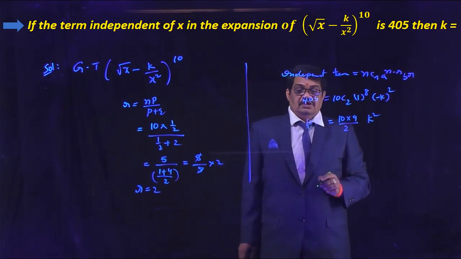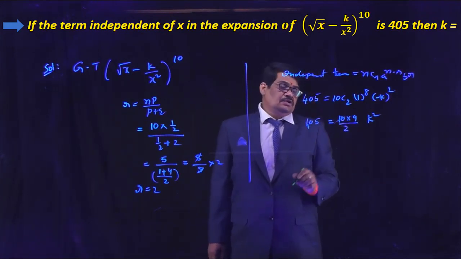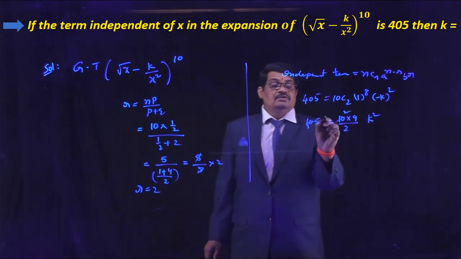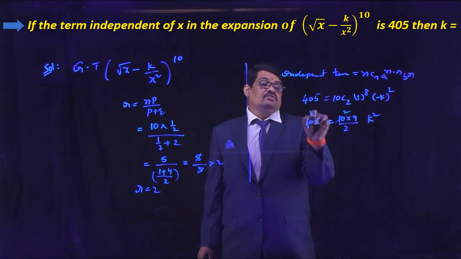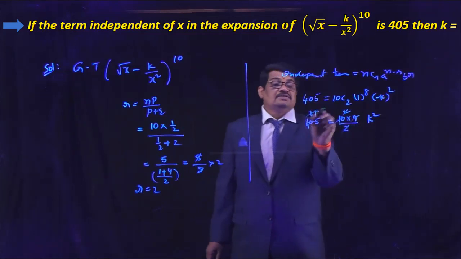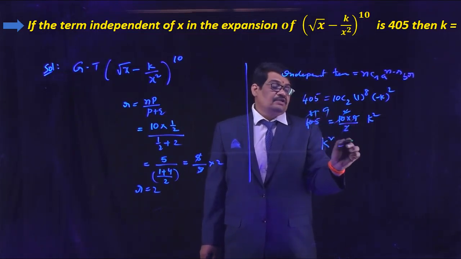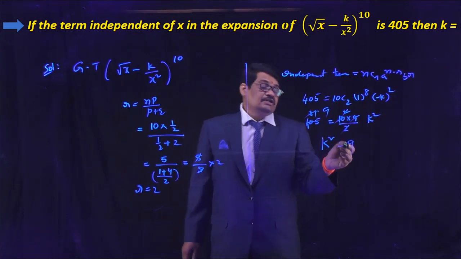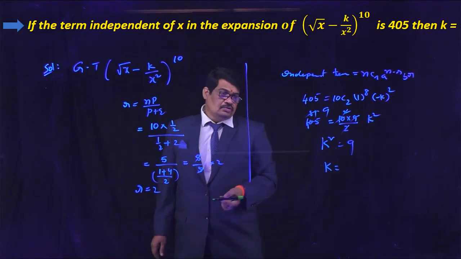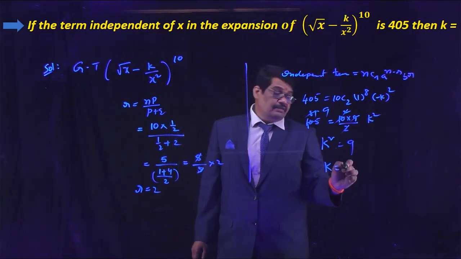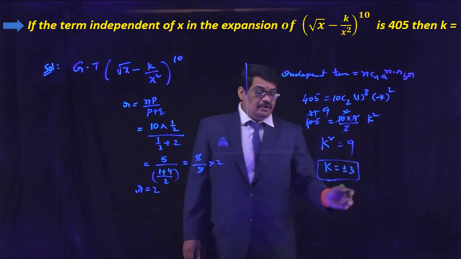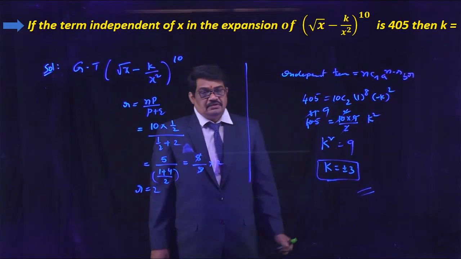From that we cancel 10: 5 twos are 10 and 5 × 81 gives 405, so these will be cancelled, and the 9s are cancelled. Here we get k square is equal to 9. Therefore k is equal to plus or minus 3. The k value is plus or minus 3.